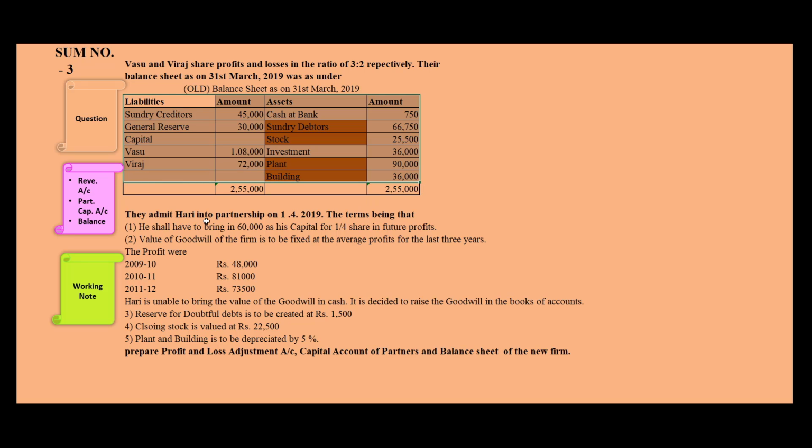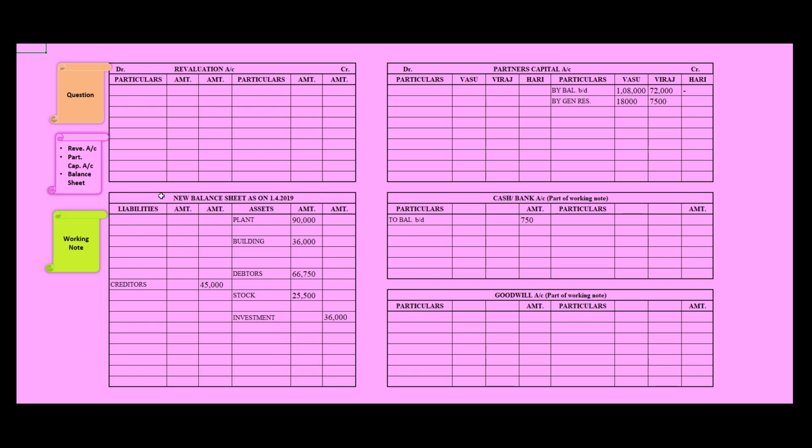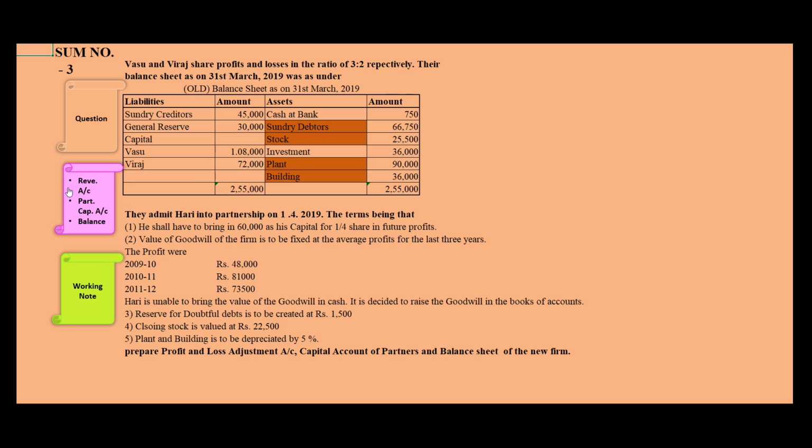They admit Hari into partnership on 1st April 2019, the terms being that he shall have to bring 60,000 as capital. So pass entries for capital. I'll write here by cash or bank account. How much? 60,000.